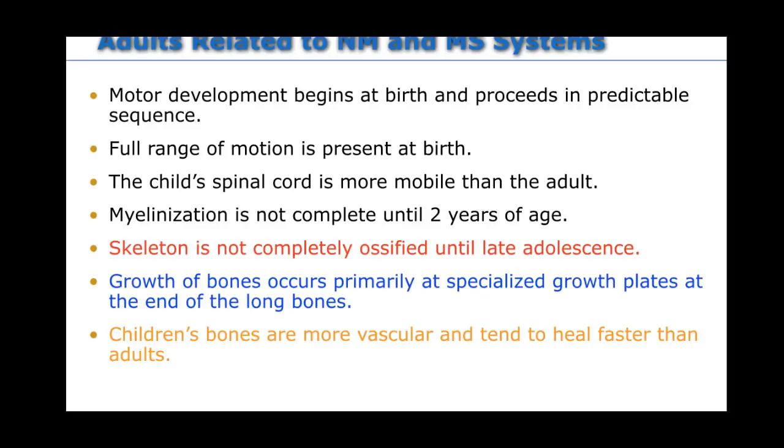All right, some anatomic differences in kids versus adults, and this is dealing with both neuromuscular and musculoskeletal. Their motor development begins at birth and it goes in a predictable sequence, and what that means is that gross motor development goes from kind of the center out, and fine motor development comes later.